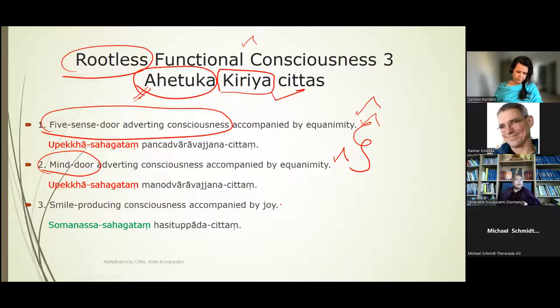This is only for the arahants, the Buddha and the persons who have already attained arahantship. So this is the mind-producing consciousness. We can talk about it later.